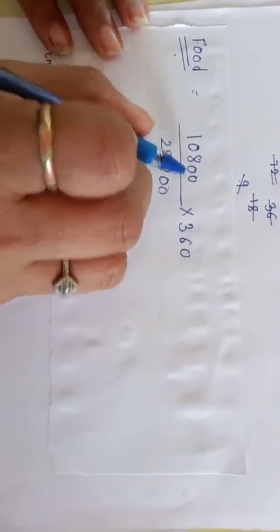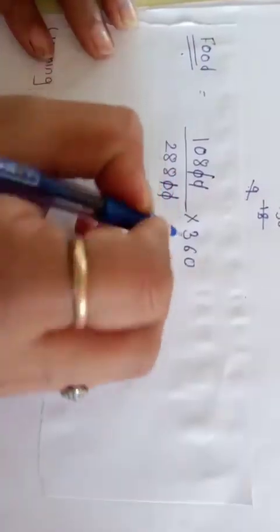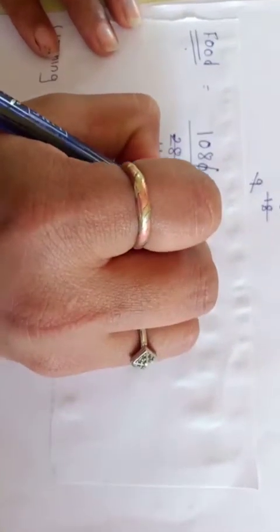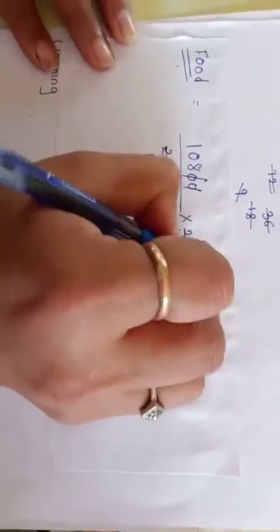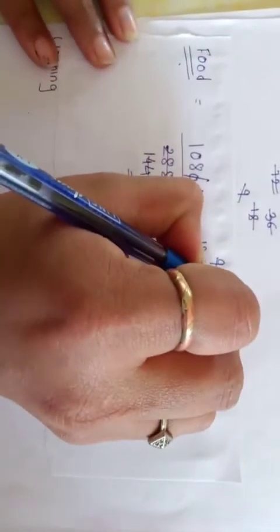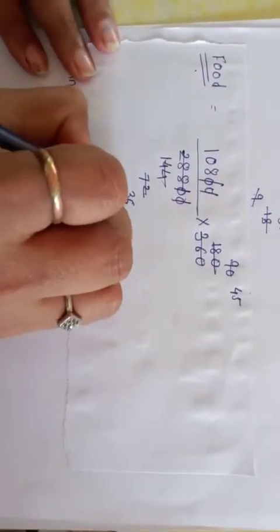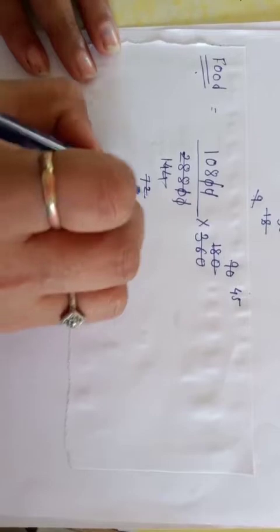Now for food. So we write the value of food upon the total income of the family and the 360. So now we will be cutting these 2 zeros. Then we will be dividing it by 2. 144 and then we have 180 here, 72, 90, 36, 45. Then we will be dividing it again by 2.